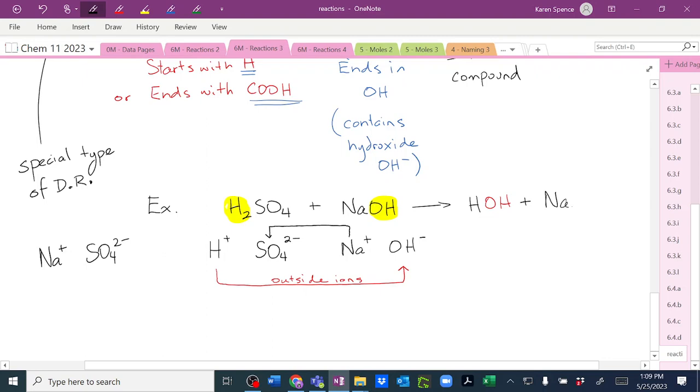Na2SO4. So that is our salt that we have formed. Now, in terms of balancing, when you're balancing neutralization, you're going to balance the salt, the ions in the salt first.